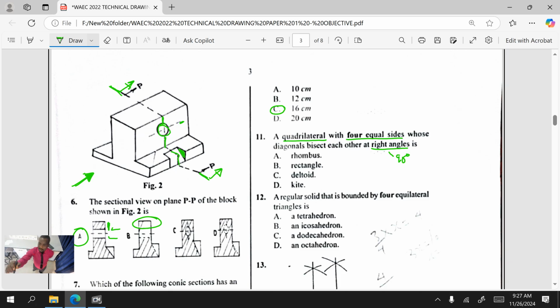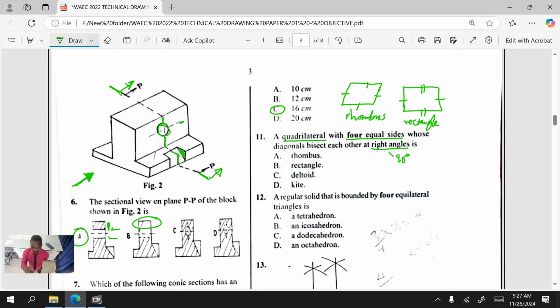Is it a rhombus? The rhombus looks this way. Remember, all sides of a rhombus are equal. Good. A rhombus has all the 4 sides equal. A rectangle looks this way. Can you see? Opposite sides are equal, but not all 4 sides are equal. So it's not a rectangle.